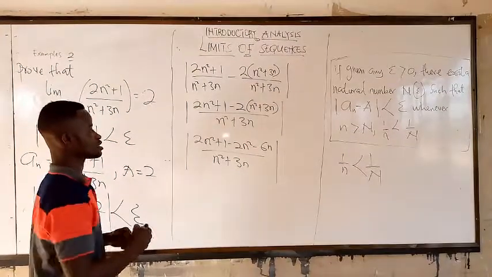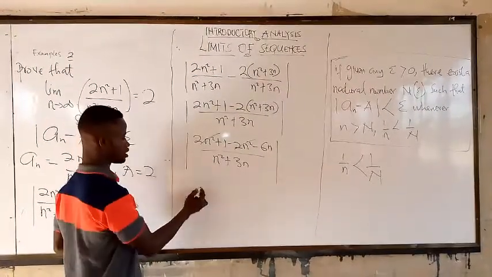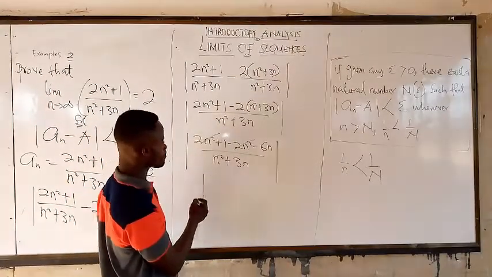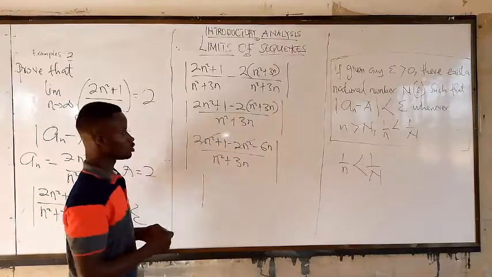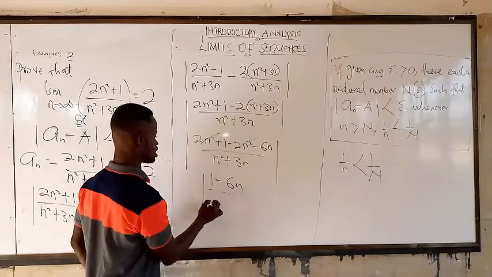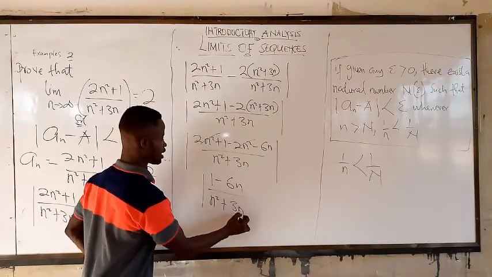Having this, we can see that this will cancel this, so we are going to get 1 minus 6n over n squared plus 3n.